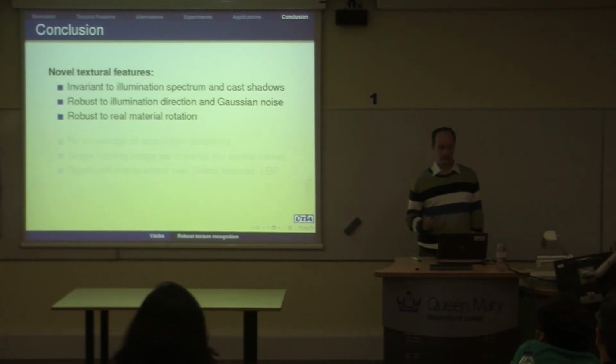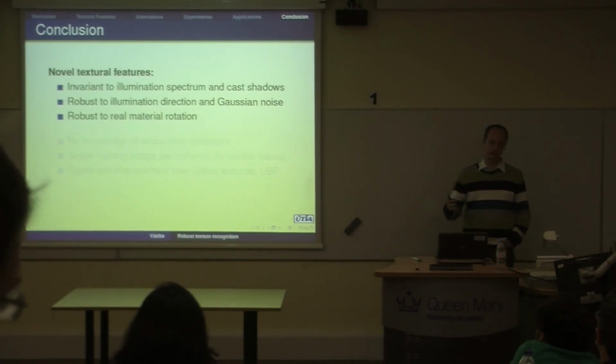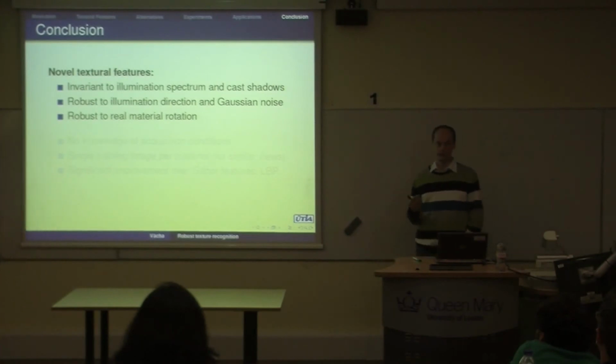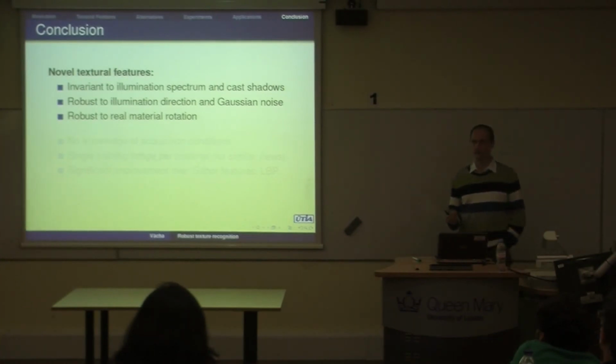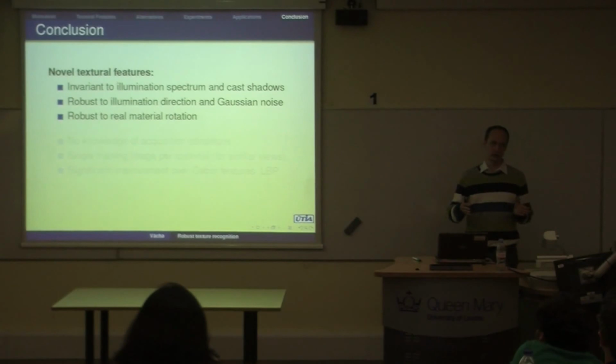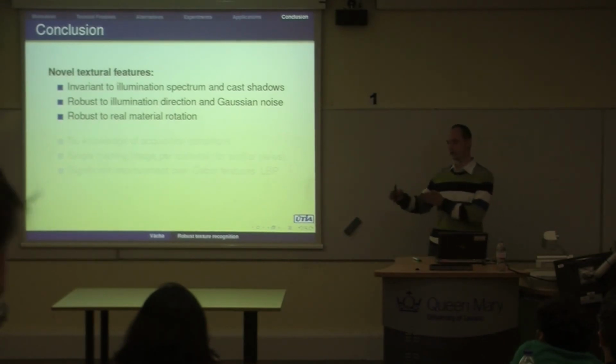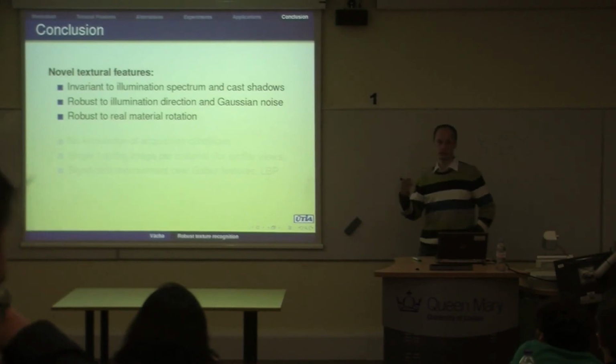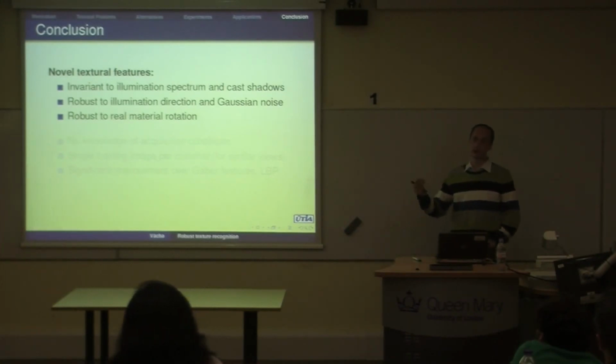But if I can choose one take-away message for you, it is that colors are really important, but in real-life conditions you cannot rely on raw measured colors. You either need to calibrate them if you have laboratory conditions, or you have to normalize them or take an invariance approach. It means choose features which are invariant to these changes.